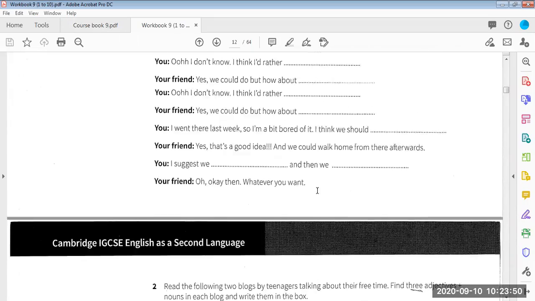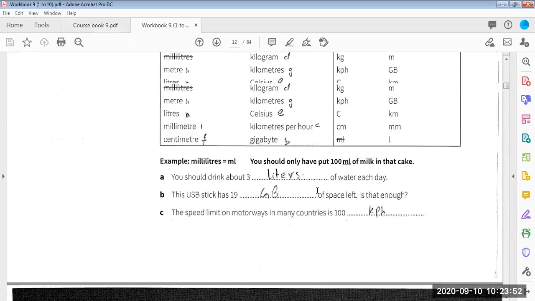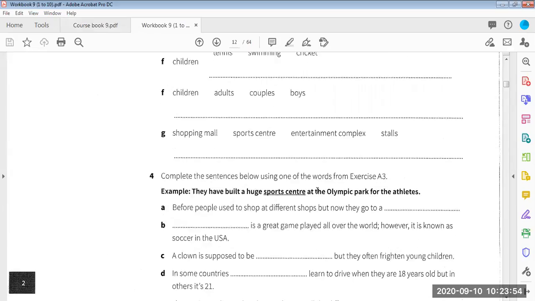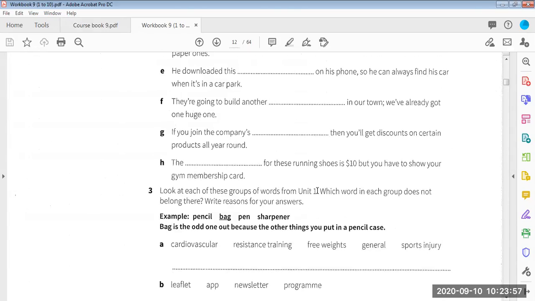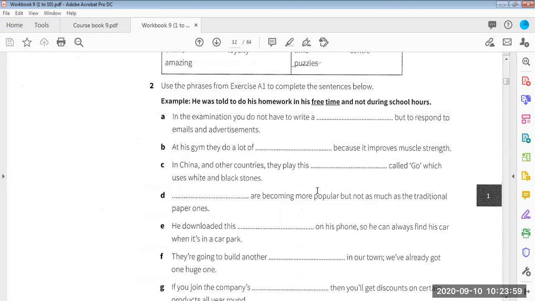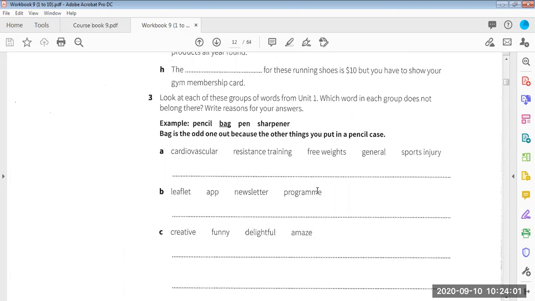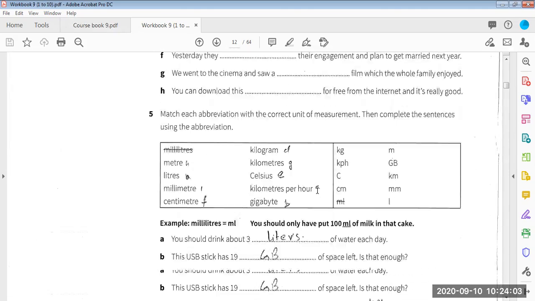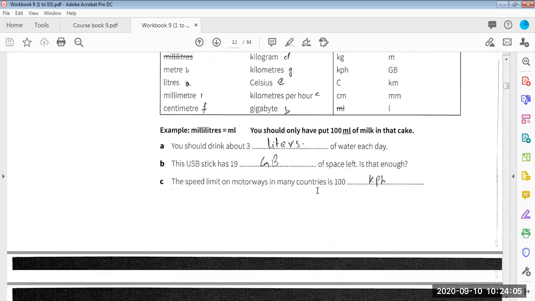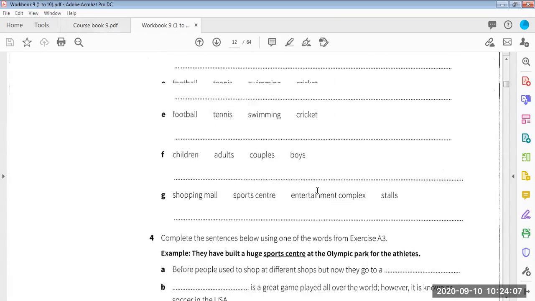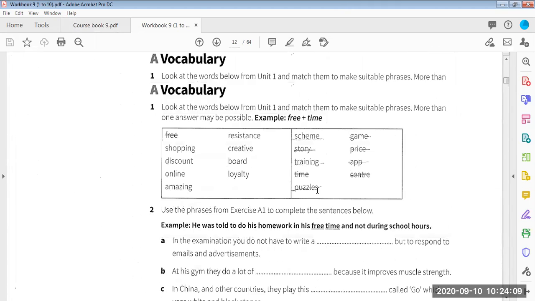So here is the homework. Page number 1, exercise 3, 4, and 5. Exercise 3, 4, and 5 is your homework, and you have to complete it before the next lesson.